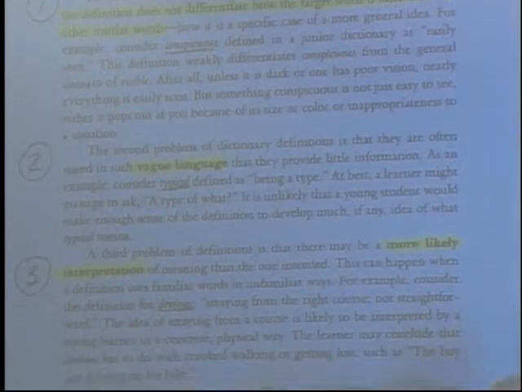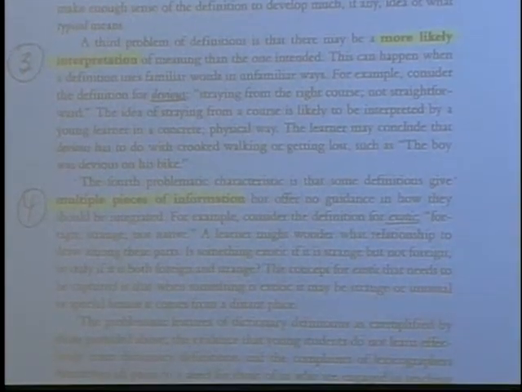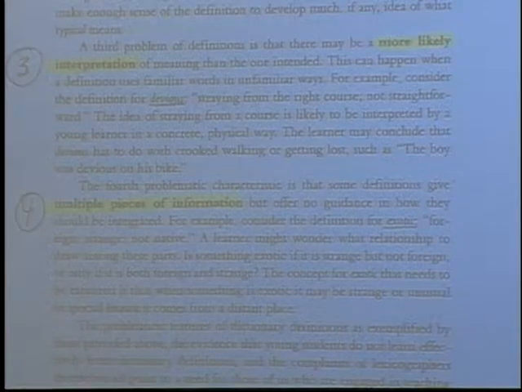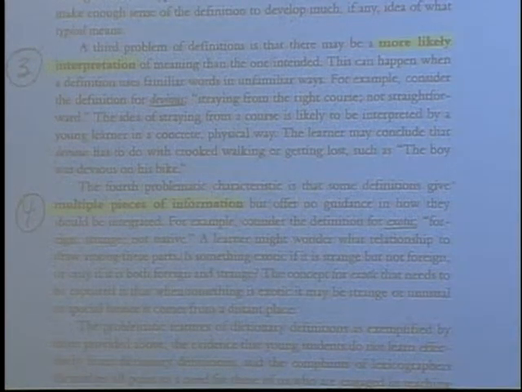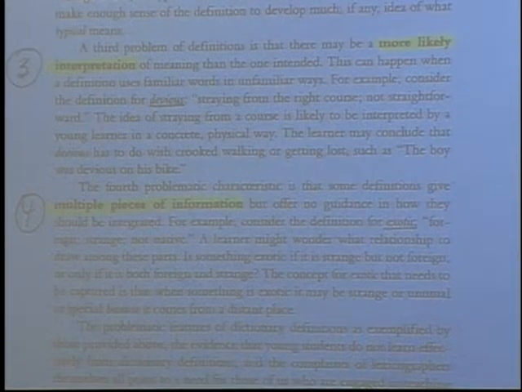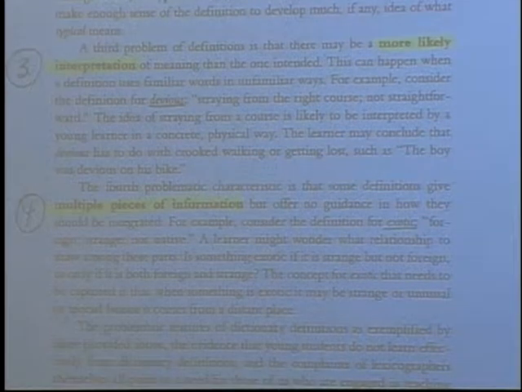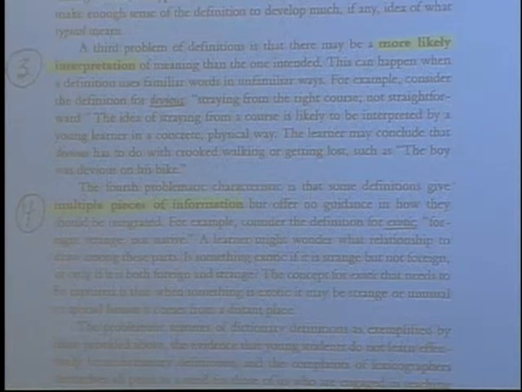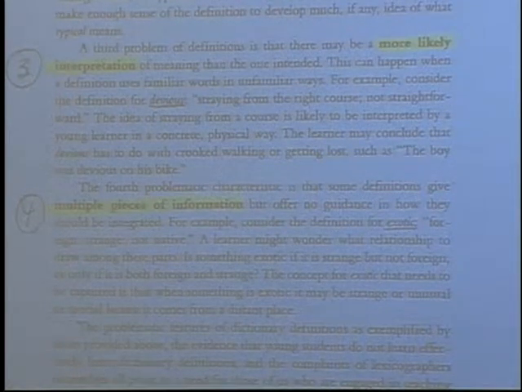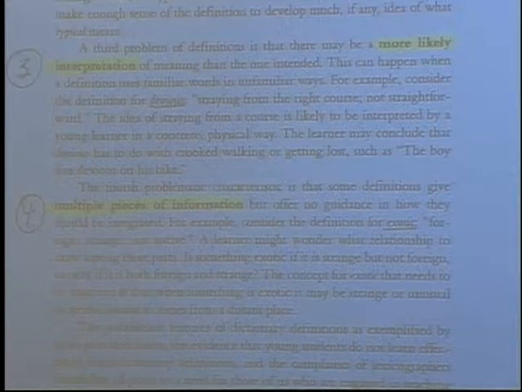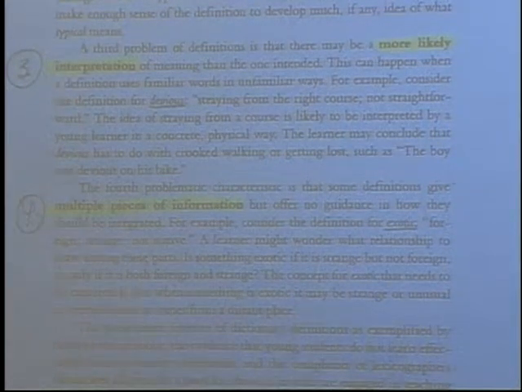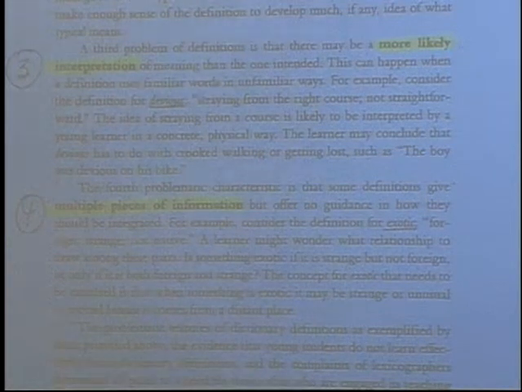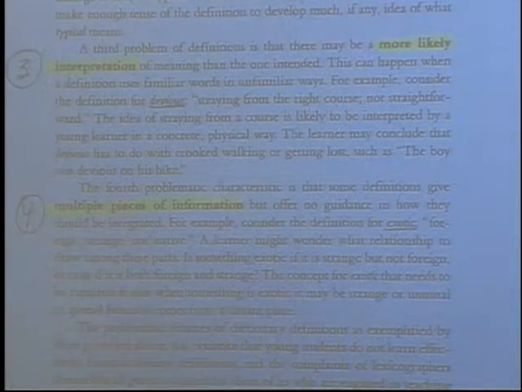The fourth problem that they've identified here in Bringing Words to Life is multiple pieces of information. So in other words, some definitions might provide a few similar words that are separated by semicolons, but they don't explain how those words actually relate to one another. So here's an example. If I take the word exotic, well, that word is defined as foreign, semicolon, strange, semicolon, not native.